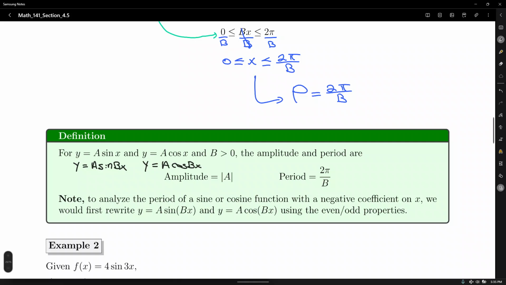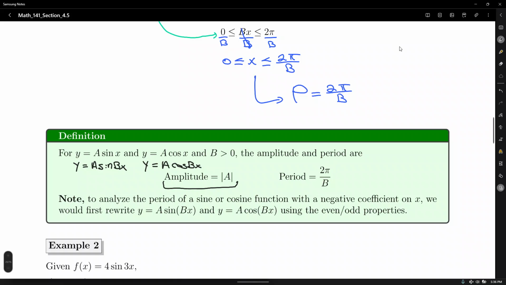All right, so this number a in front of the sine function, which represents a vertical stretching or compression, has a special name in the world of trigonometry. It's called the amplitude. And the number that multiplies the x is related to the period by dividing 2 pi over b.